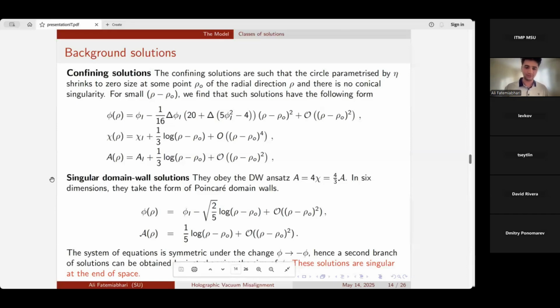They have their own problems. But the important thing for us here is that we will work only in the range of parameters in which the confining solution is reliable and its free energy is favored with respect to the other solutions. And this will be our main background.